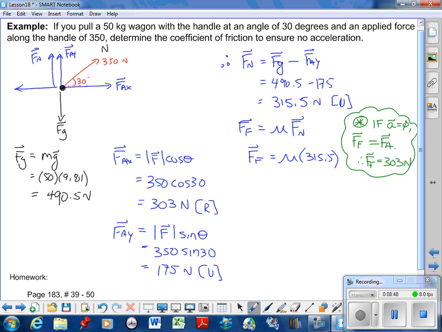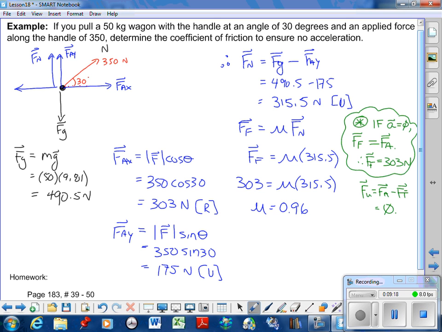All right, unbalanced force, remember, is the applied force minus force due to friction. Maybe that formula also helps you out. But if it's equal to 0, that means the two would have to be equal to each other. So coming back to my problem then, 303 is equal to mu times 315.5.